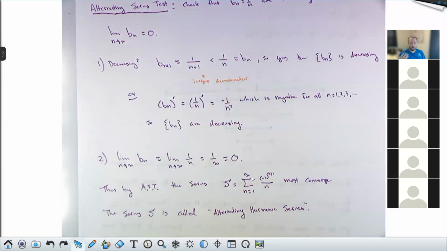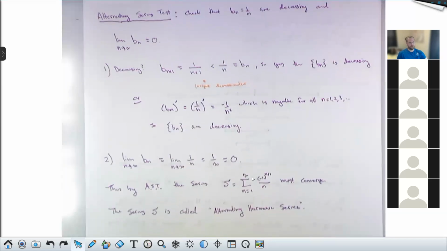Right, so the regular 1 over n series is called the harmonic series. This is called the alternating harmonic series. Okay. Questions on this use of the alternating series test?